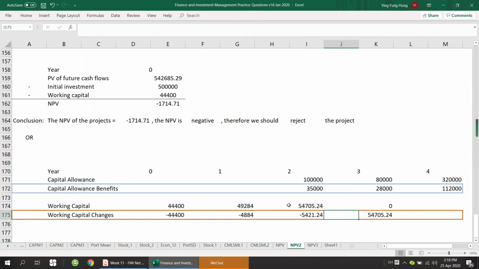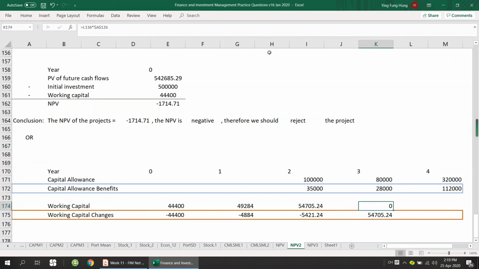And because there is an increase in sales, there's an increase in working capital. Therefore, we have a negative working capital change of 5.42124 thousand.